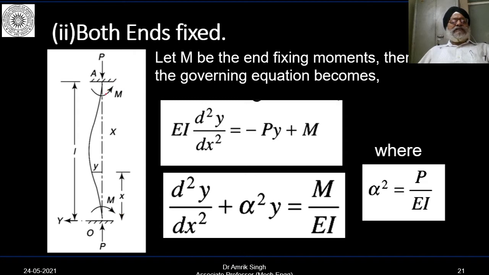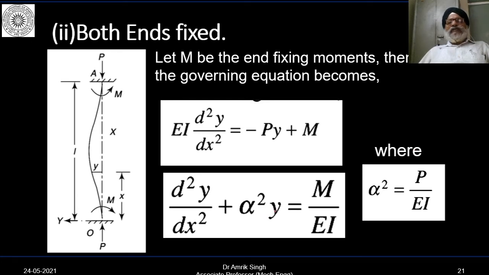If we take a distance x from A, at x the lateral deflection is y. So we will write the differential equation for such a case. It will be EI d2y upon dx square is equal to minus Py plus M, because this moment is also acting.